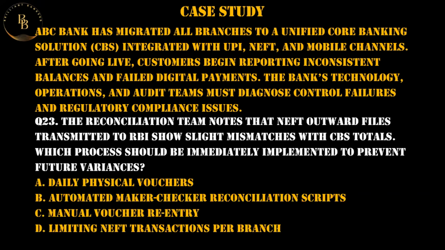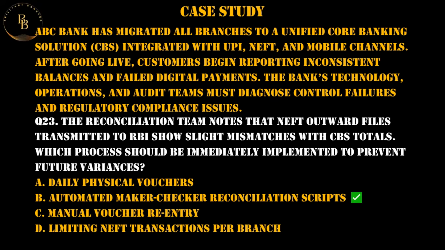So limiting NEFT transactions is never going to happen. Manual voucher reentry was the work of the past. Daily physical vouchers is also a work of the past. So nowadays it is totally automated, and the answer is option B, automated maker checker reconciliation scripts.